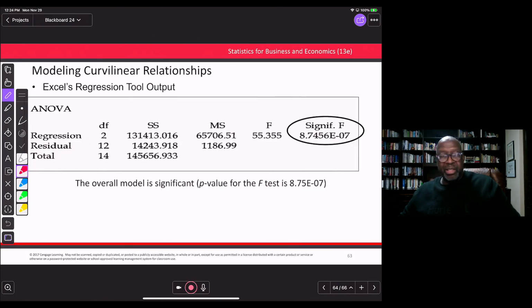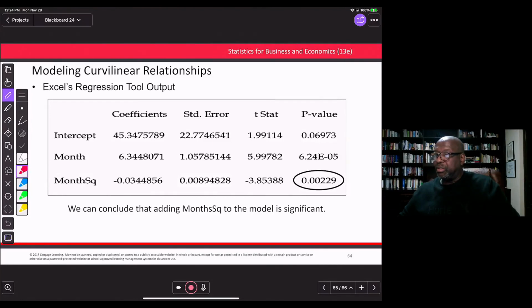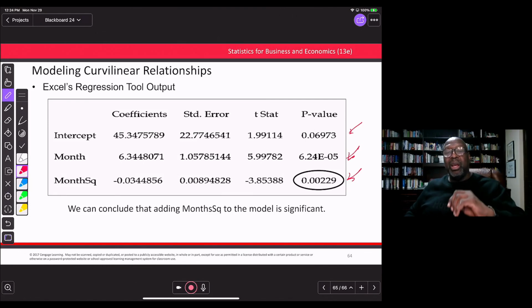And then you get the same regression table. And then you have the coefficients right here. And now you could see the coefficient of months squared is actually significant. The coefficient of months is significant. The coefficient of the intercept is significant if we use a 10% significance level. But if we use a 5% significance level, it is not significant. We will fail to reject the null hypothesis.